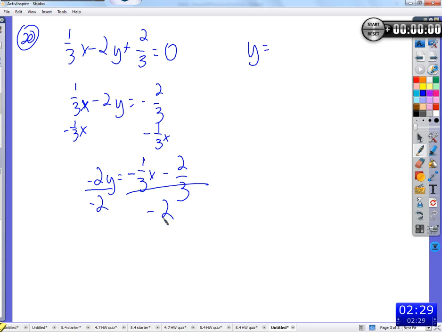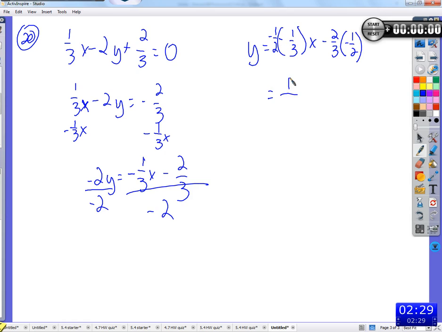Turn -2 into a fraction. Instead of negative 1/3 divided by -2, we could make it negative 1/3 times negative 1/2. And instead of negative 2/3 divided by -2, we could do negative 2/3 times negative 1/2. Negative times negative is positive.